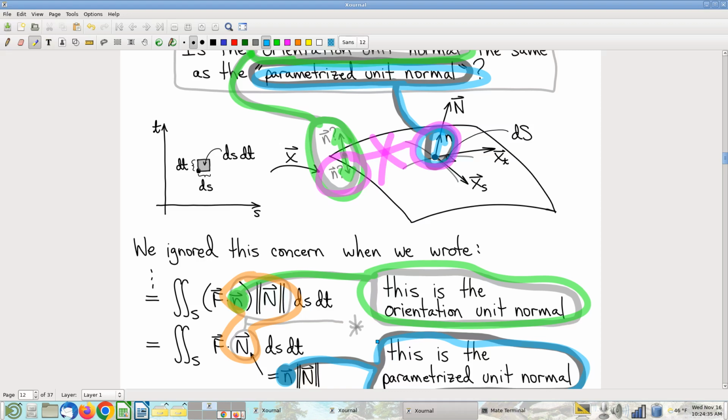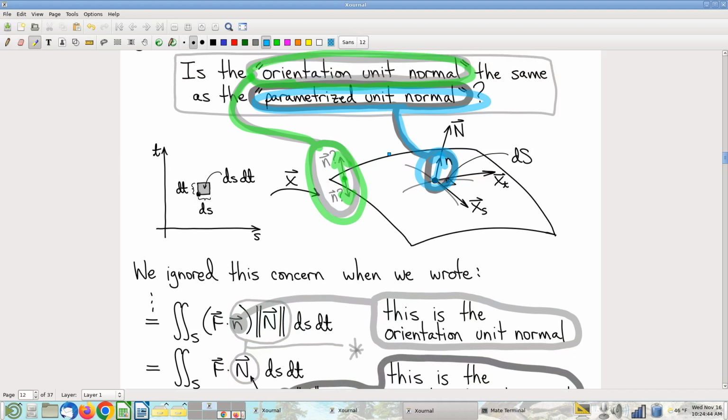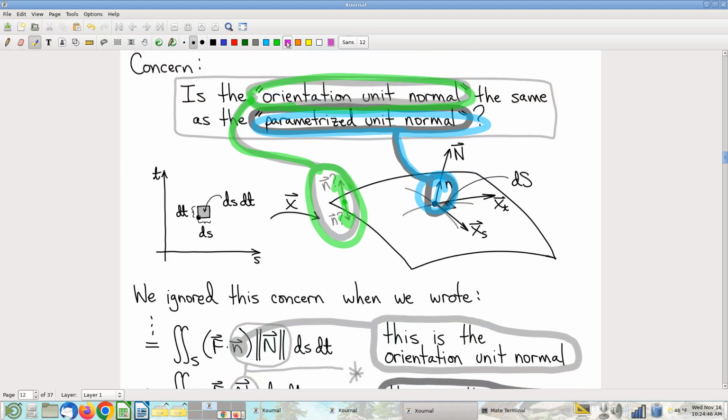Yeah. Absolutely. Okay. Now, of course, let's recognize there is also the possibility that the question is stated in such a way that the orientation happens to be in exactly the same direction as the parameterized unit normal. In which case, fine, absolutely, no problem.